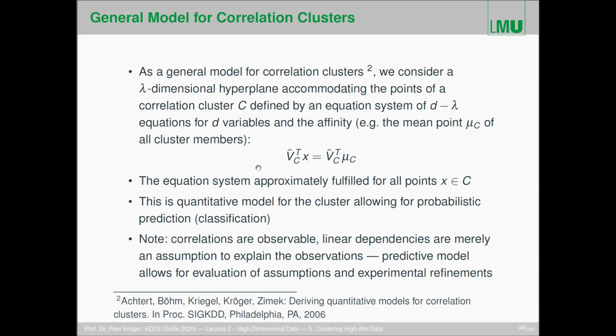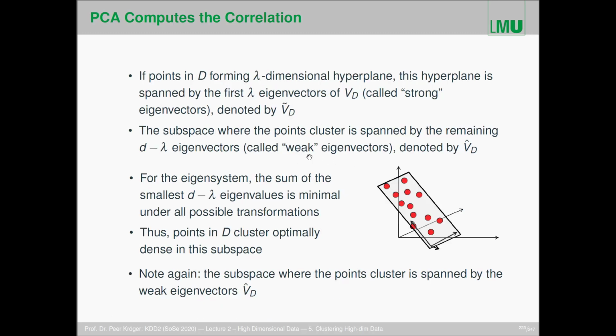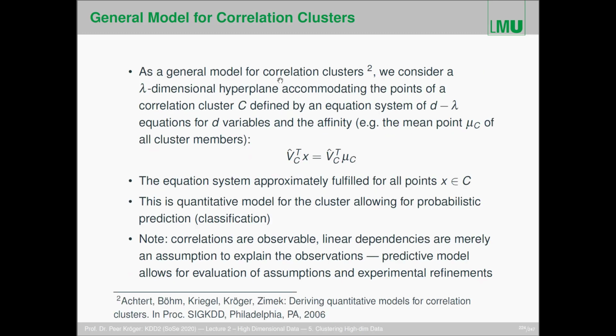Okay, so a general cluster model now can be derived from those observations. For a general cluster model for correlation clusters, we just have to consider lambda-dimensional hyperplanes that accommodate the points of a cluster. Yeah? And those are defined by an equation system of d minus lambda equations for d features, d variables, and some affinity.